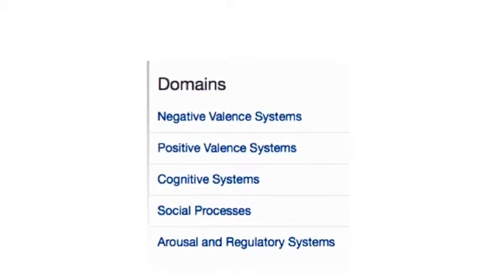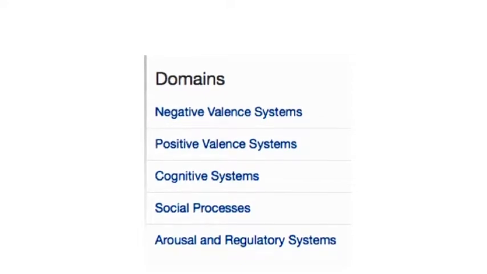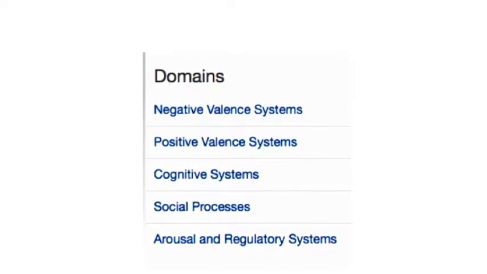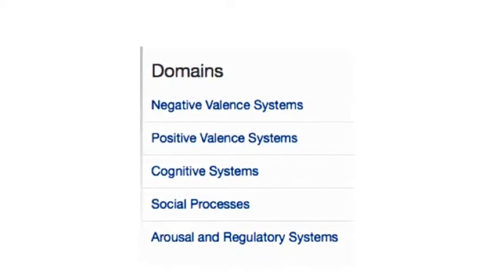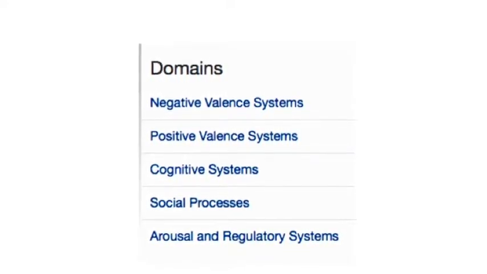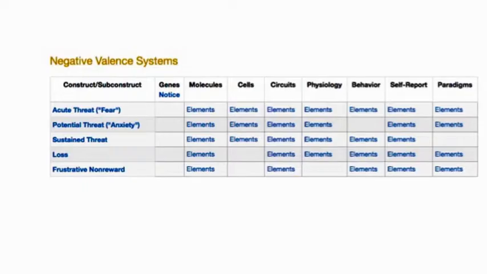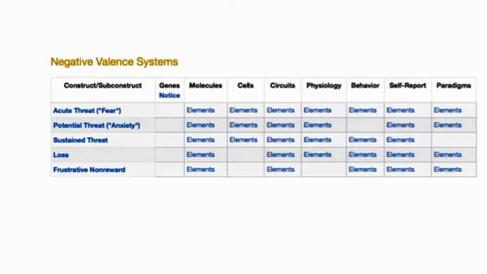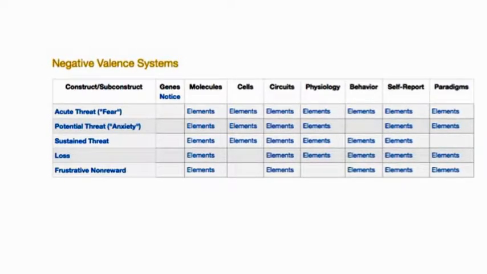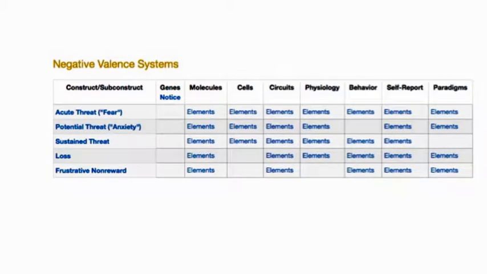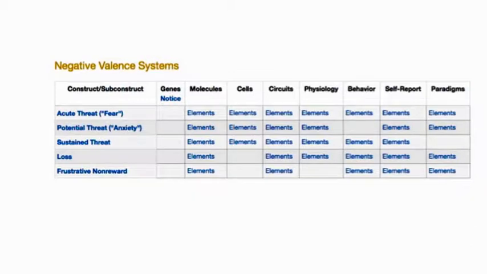These refer to social processing, arousal and regulatory systems, cognition, positive valence systems, and negative valence systems. Each domain is then subdivided into various constructs and subconstructs. For instance, negative valence systems comprise systems for processing fear, anxiety, loss, sustained threat, and frustration.